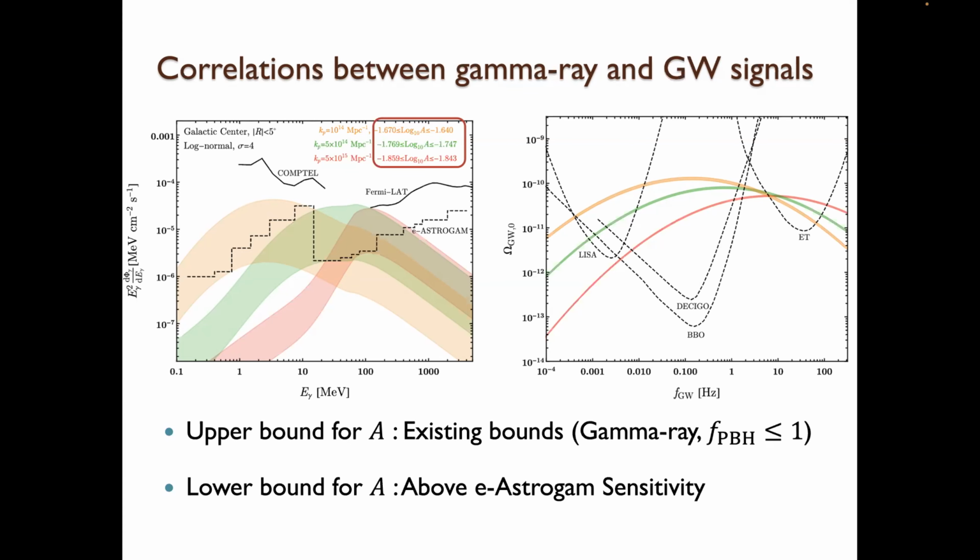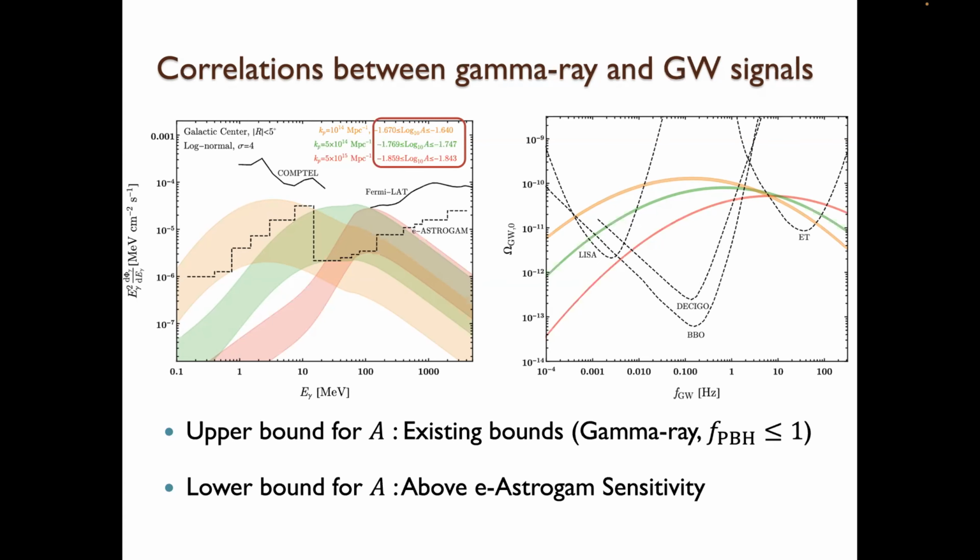That gives a bound like here. This determines the upper bound, and the lower bound comes from this line being above the e-ASTROGAM sensitivity. So the primordial black holes from this band of the curvature perturbation would be detected in future gamma ray observations by e-ASTROGAM.